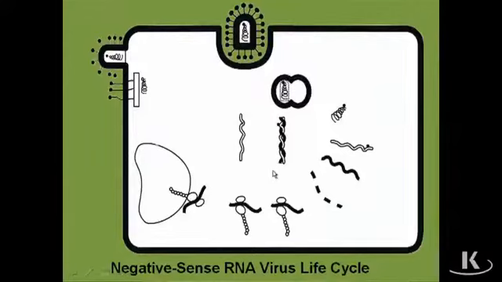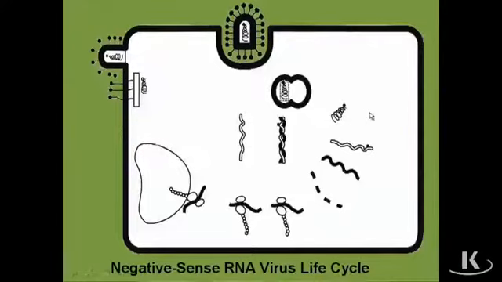Okay, and now what has to happen, the virus is carrying with it, you see this little dot here? That's representative of the RNA-dependent RNA polymerase that all viruses have to take with it in the cell. So now what's going to happen is that negative strand of RNA with the RNA-dependent RNA polymerase is going to get transcribed into a positive strand, okay?